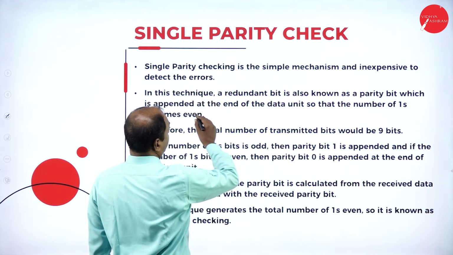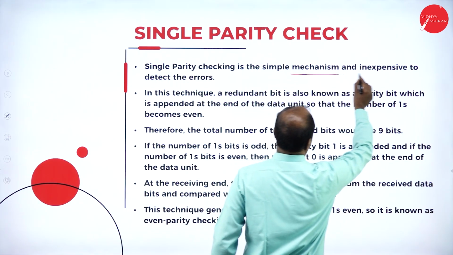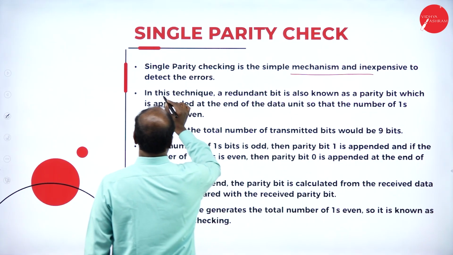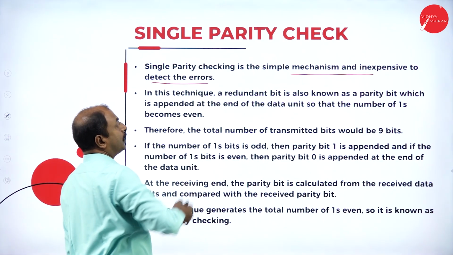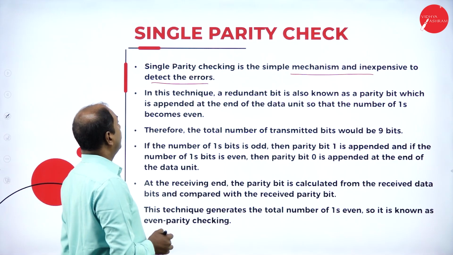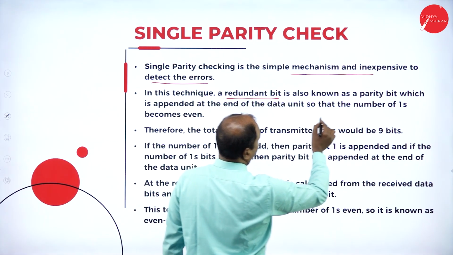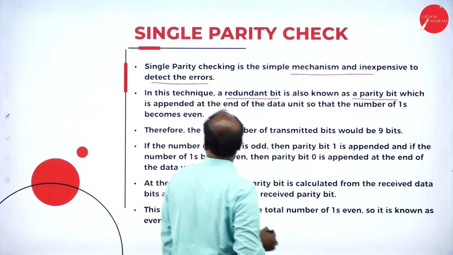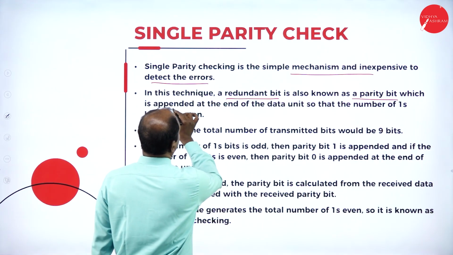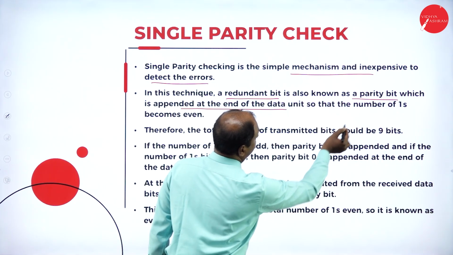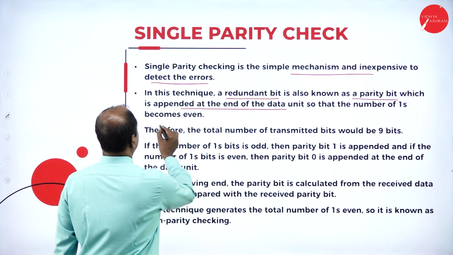Single parity checking is the simple mechanism and inexpensive to detect the error. This is one of the simple methods. In this technique, a redundant bit, also known as parity bit, is appended at the end of the data unit so that the number of ones becomes even.